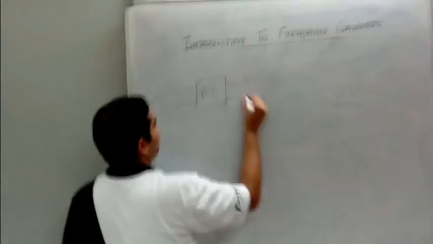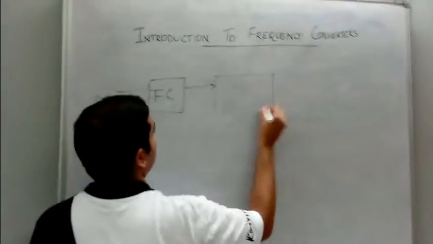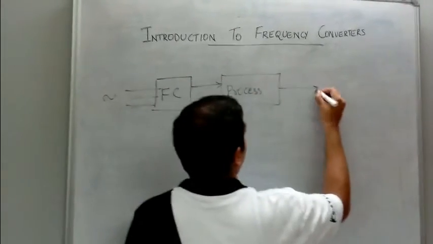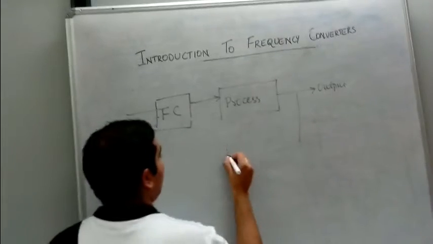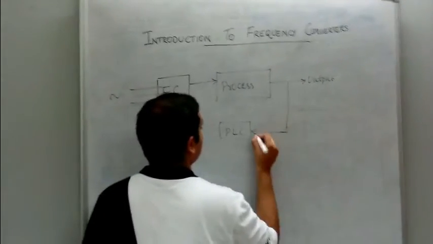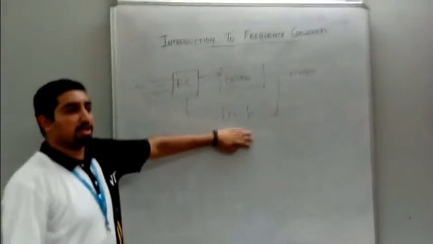Now the output of a frequency converter should be given to your process, whose output is fed back to the load using a programmable logic controller. A programmable logic controller is a basic control system.